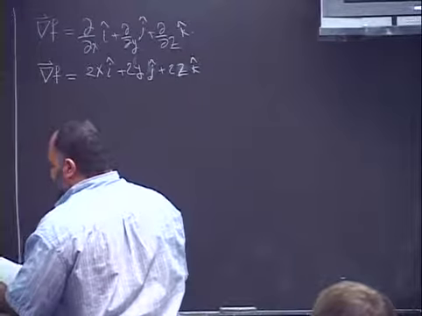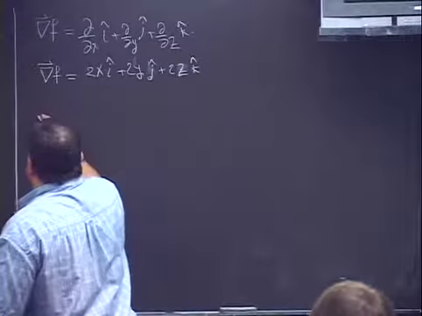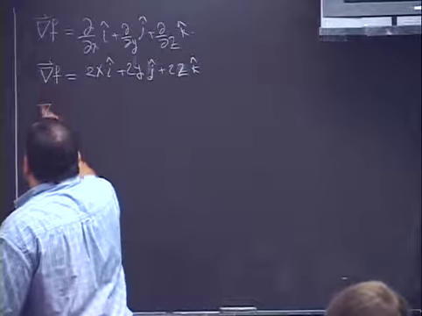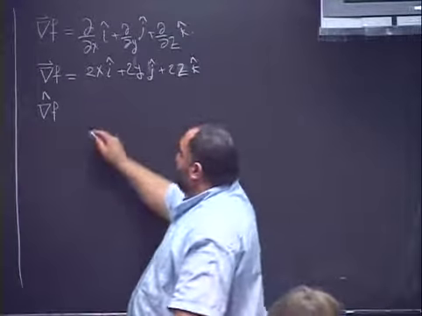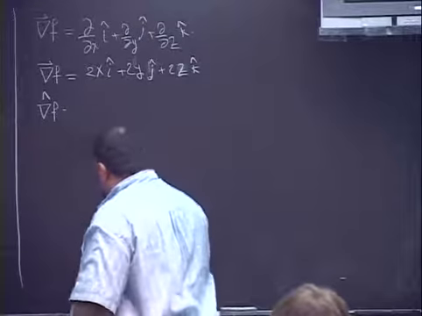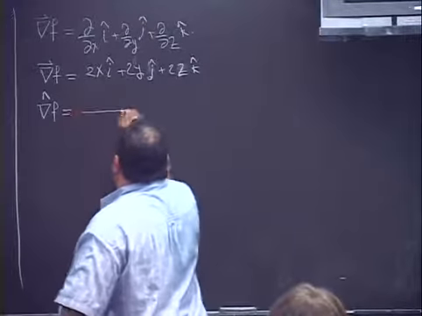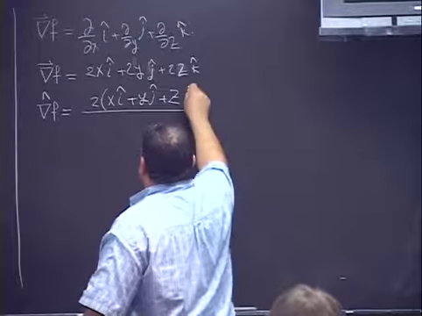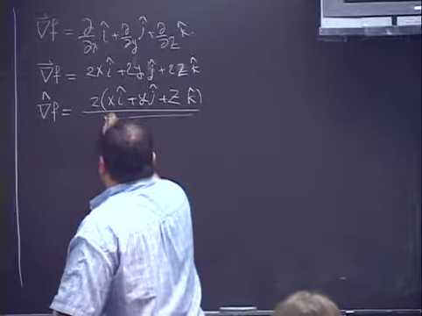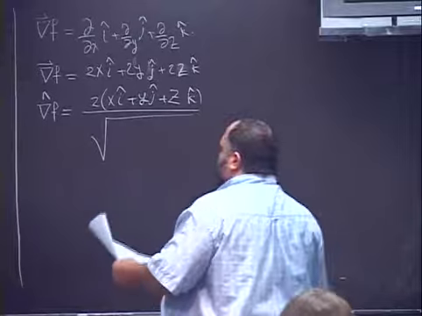So now, if I want to calculate a unit vector in this case, what should I do? This will be just x in the i plus y in the j plus z in the k, and I divide by what? The magnitude of this is what?